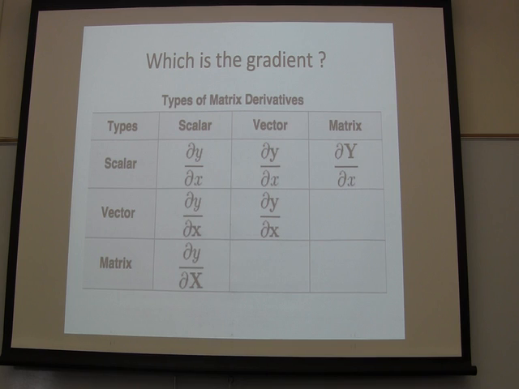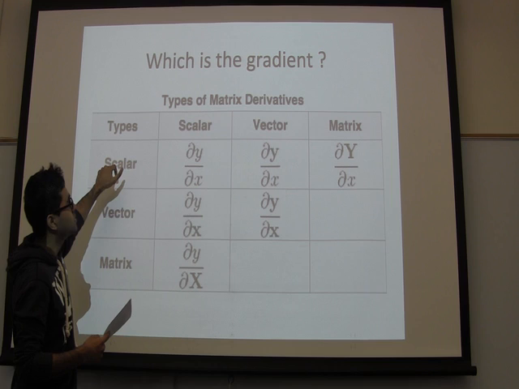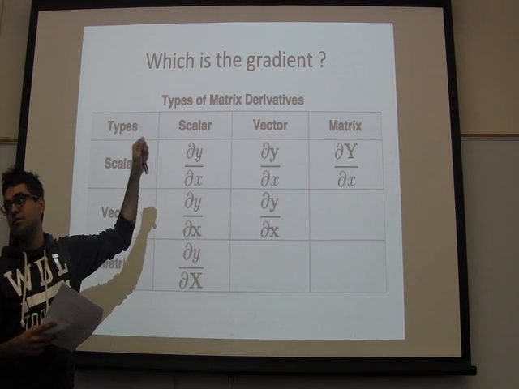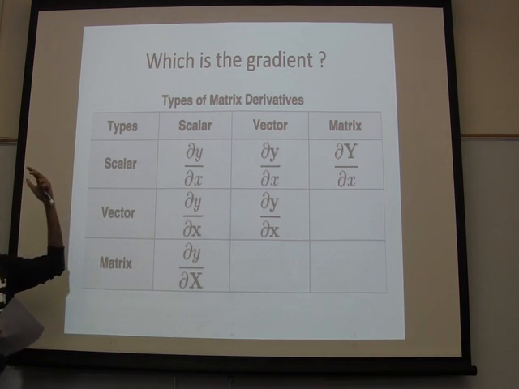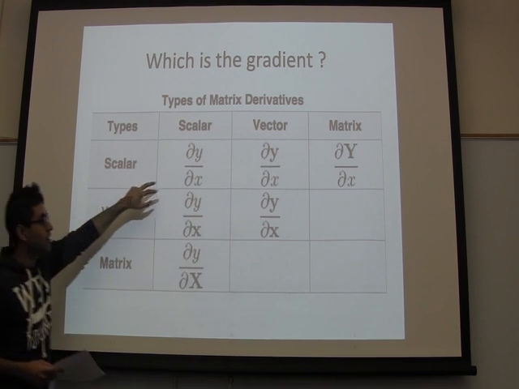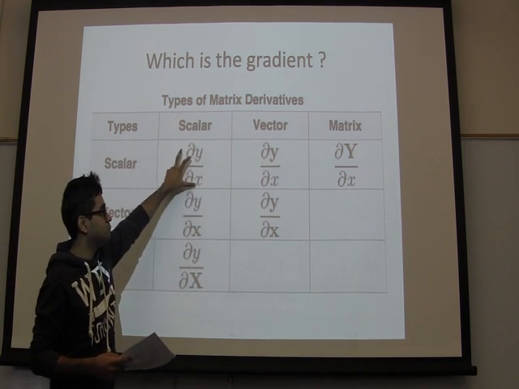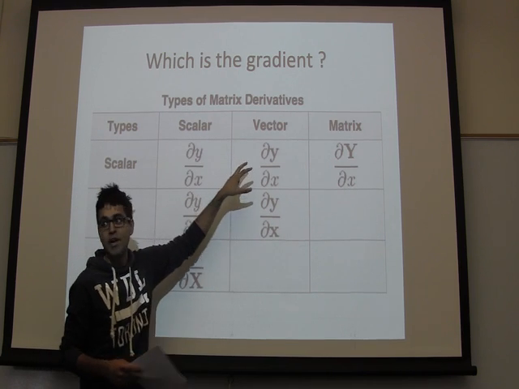So it really is just a very special case of this general vector by vector derivative. In numerator layout, the gradient is going to be a column vector. So which of them is the gradient? There are 6 things here. Which of them is the gradient?